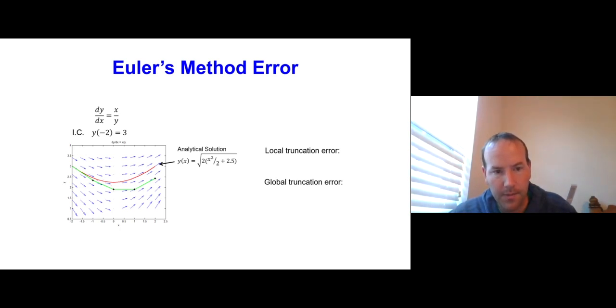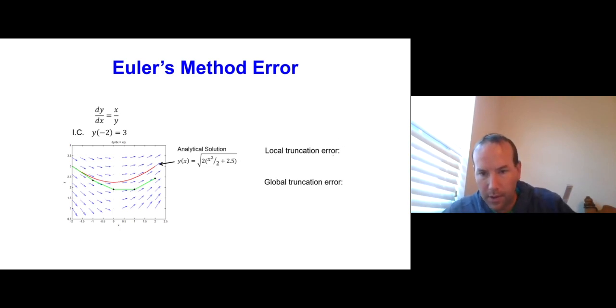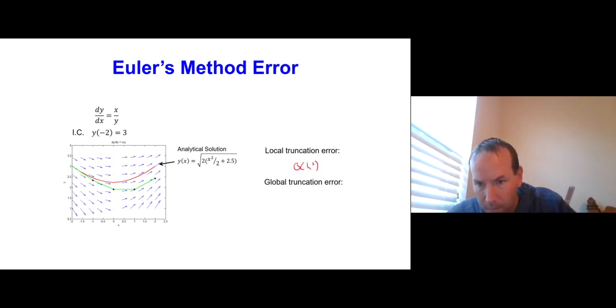One of the main takeaways is that not only is there error, but the error gradually increases the more steps that you take. Because of that, we find that the local truncation error is on the order of h squared, but the global truncation error is on the order of h.